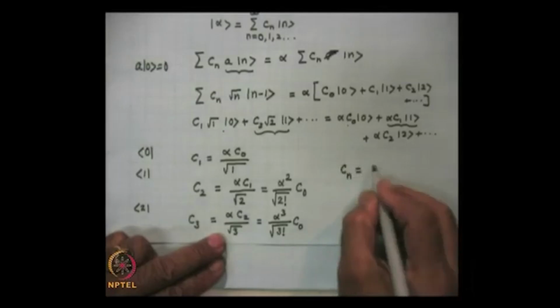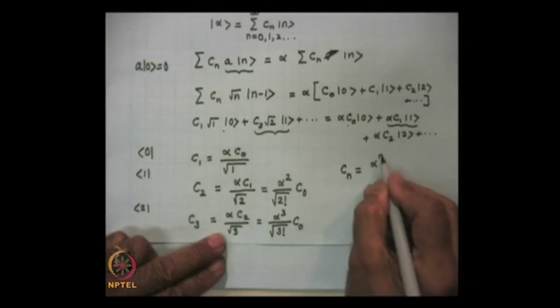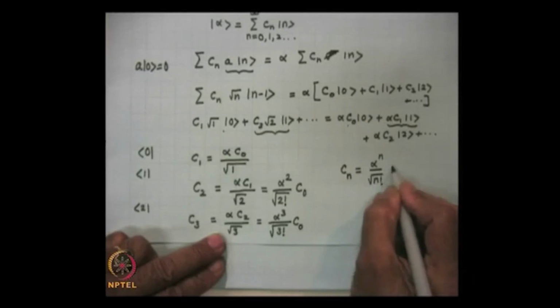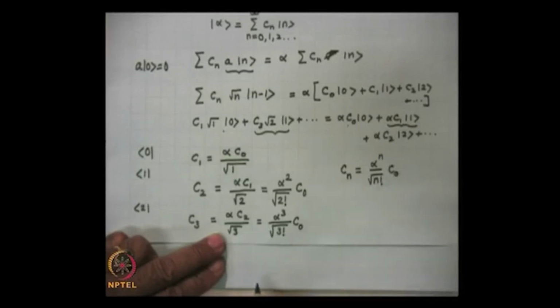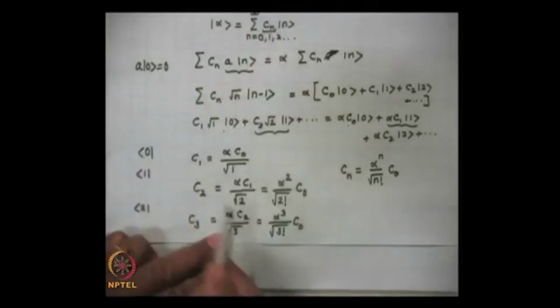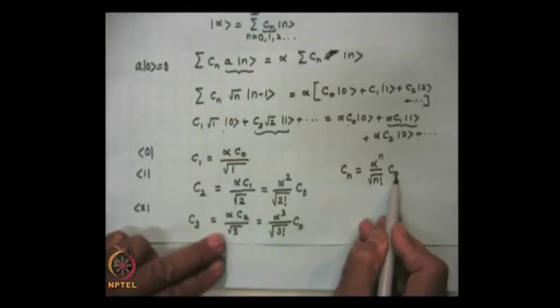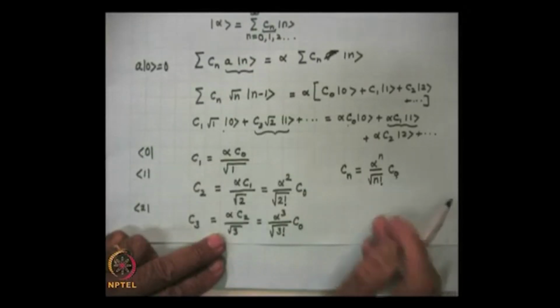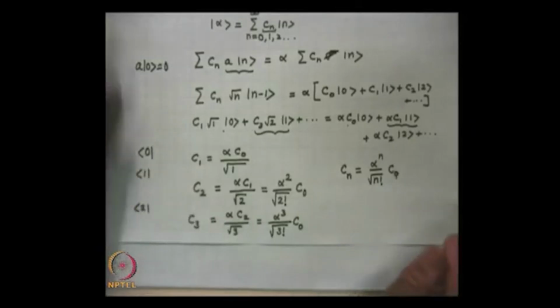C n, the nth term, will become alpha to the power of n by square root of n factorial, C 0. So, I have found all C n's in terms of C 0. Therefore, we have the eigenket.